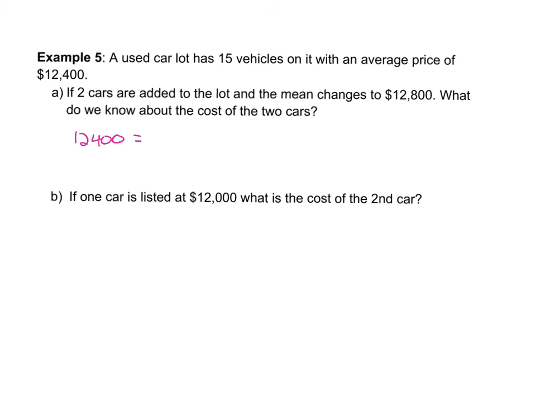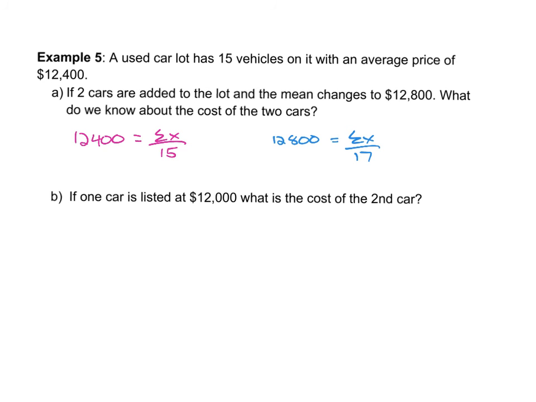So that was when we knew the sum was divided by 15. Afterwards, we realized that there was an addition of 2 cars, and that made our average go up to $12,800. So that was our x bar for 17 cars.